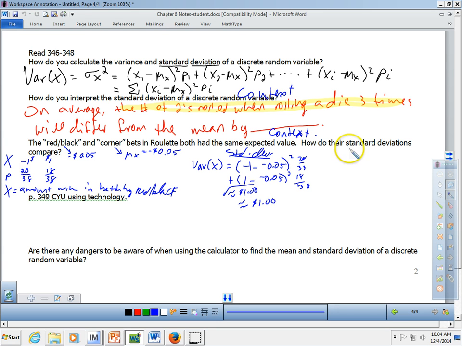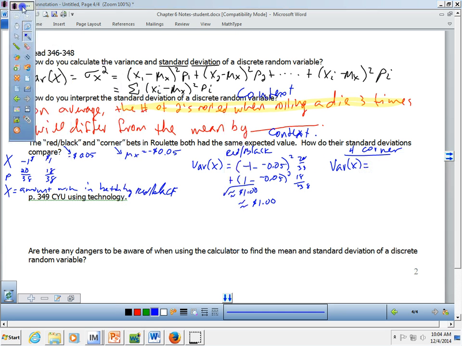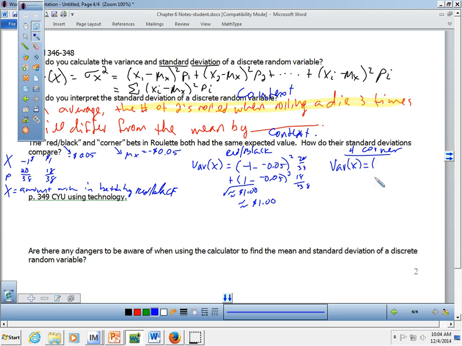Okay? Now how about standard deviation for your four-corner bet? It's the same process. We're going to talk about your variance. We take the value, and you look up above in your notes, and you're going to see the first possible amount of winnings is losing that $1, minus your negative 0.5, times its probability, which is 34 out of 38.